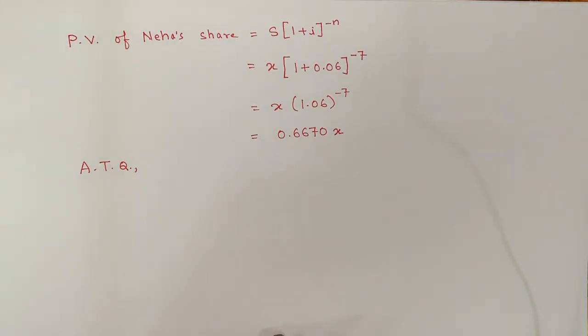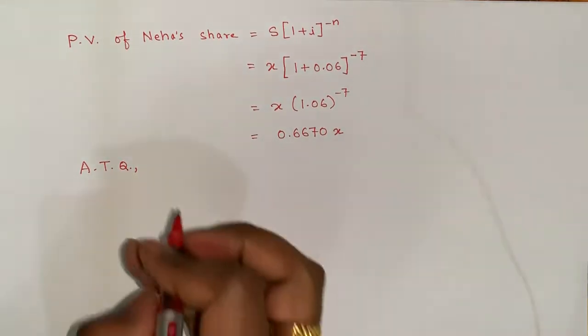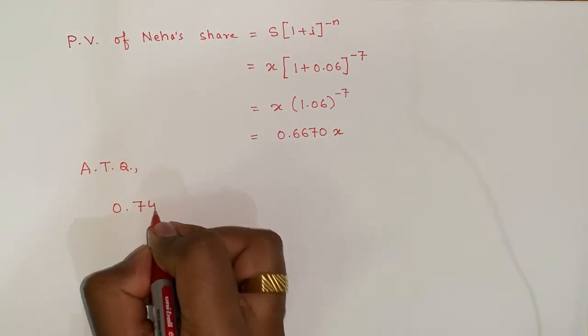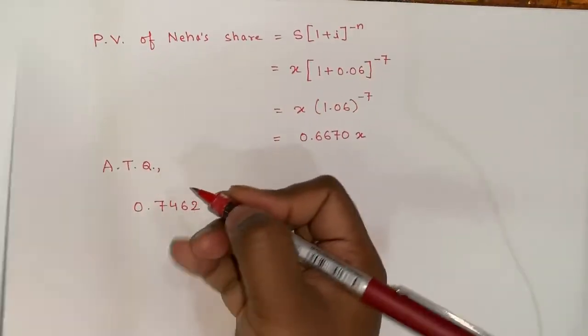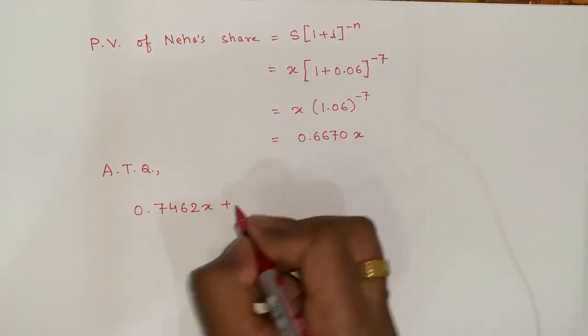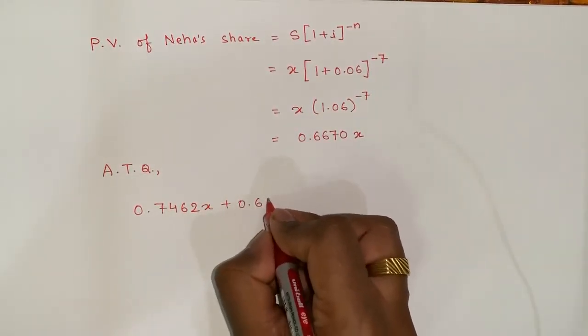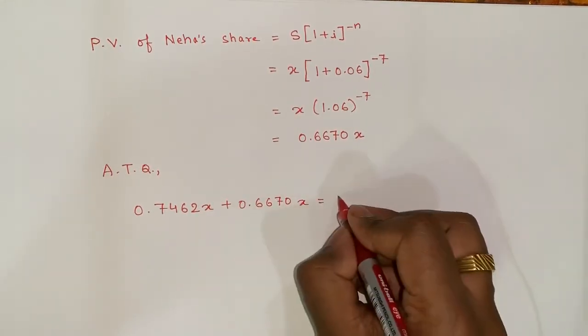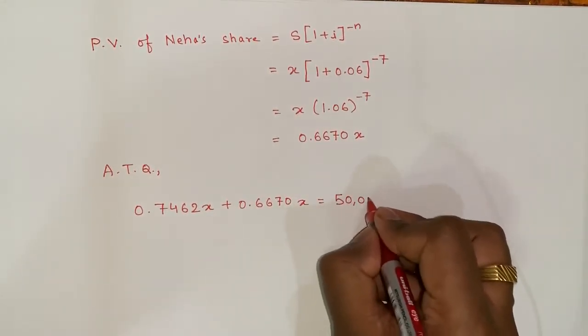Now according to the question, we know that present value of both the investments is equal to 50,000 because Mr. X has left only 50,000 today. So according to the question, 0.7462x plus 0.6670x is equal to 50,000.